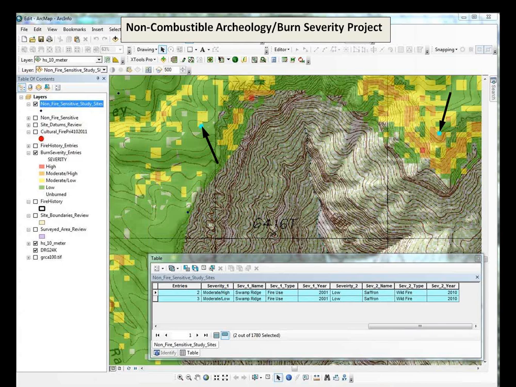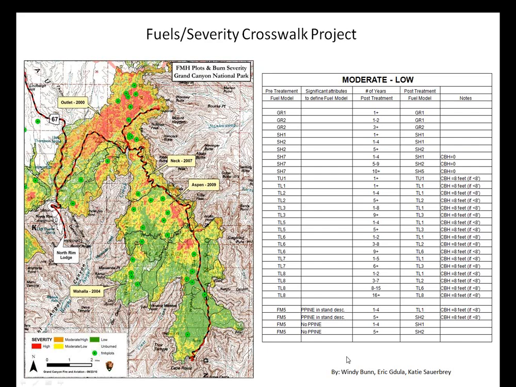Okay, another use we're using the severity for on the research side. The park's fire ecologist Wendy Bunn, myself, and Katie Sauerbray, an intern here, are looking at using the severity data to adjust the fuels map. In the past, we had just taken scientific guesses at how the fires had altered the fuel types in the park.